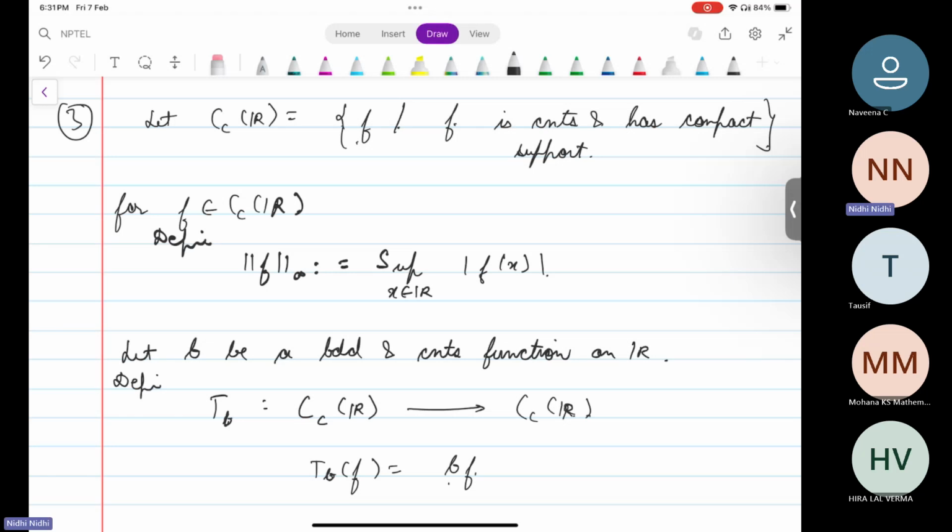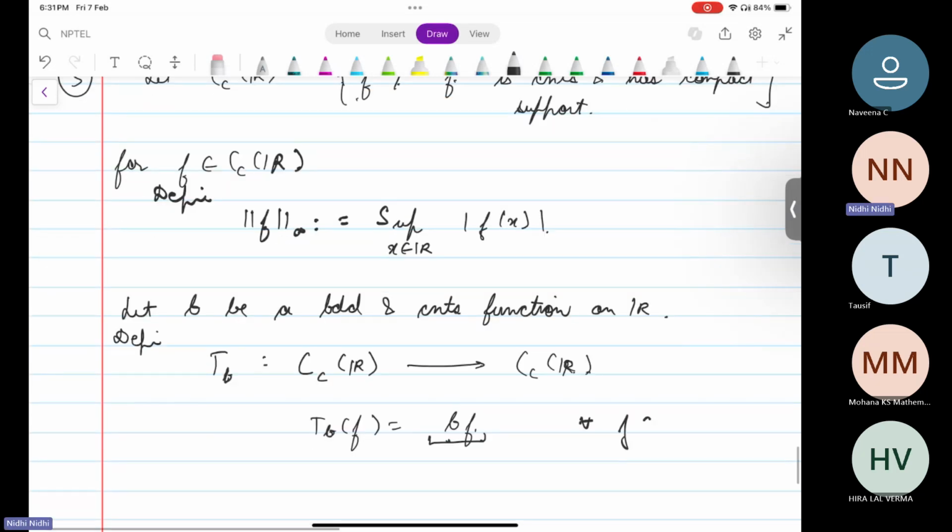Now, since B is a bounded and continuous function and f is a continuous function with compact support, this function Bf will surely be continuous because the product of two continuous functions is continuous, and it will have compact support because outside the support of f, f is 0 and hence Bf will also be 0. So the support of Bf will be basically the support of f itself. So this function is well defined for every f in C_c(R).